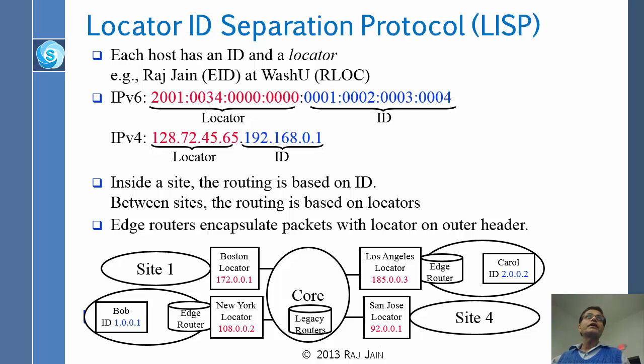But once you know the locator, then you can just use this encapsulation. We will be using this encapsulation in the rest of this lecture today, as well as the next lecture. Basically, tunneling is all about encapsulation. You take the packet and put it into some other packet.